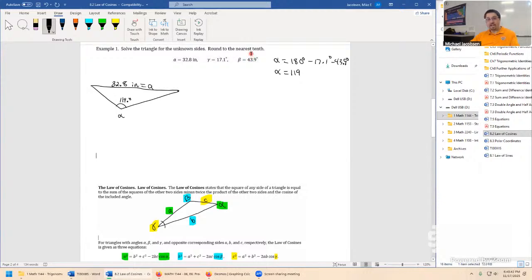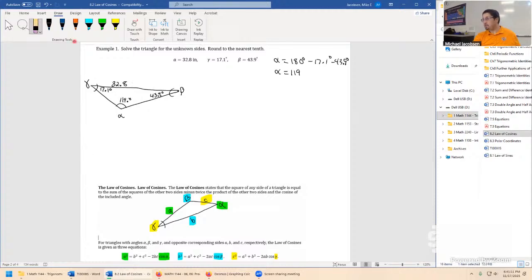One of them's 45 degrees almost, so it doesn't fit my diagram perfectly, but let's keep it just the way it is, just to convey your diagram doesn't have to be perfect. It's mainly just to organize the information. So I'll say gamma goes here, 17.1 degrees. Beta goes here, 43.9 degrees. And there's our setup so far.